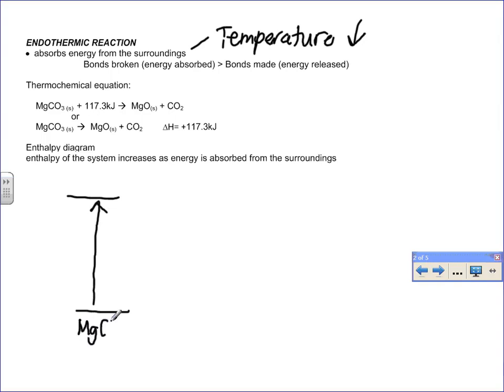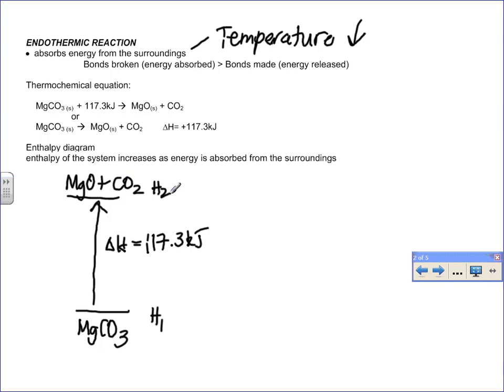So magnesium carbonate had a certain amount of enthalpy or internal energy, and after the reaction, we had a greater amount of internal energy or enthalpy. This gives a good visual, and the difference between these two is the 117.3. This is our H1, where we started, and this is where we finished. So this is how you draw an enthalpy diagram for an endothermic reaction.